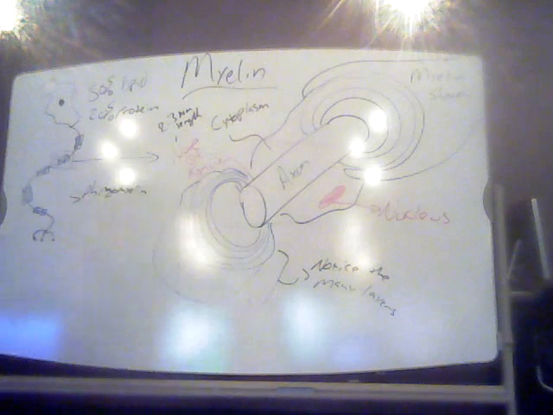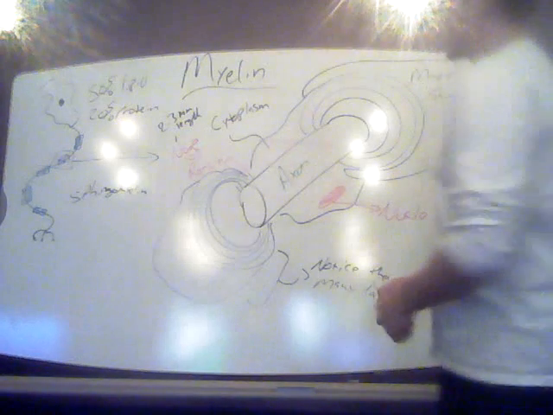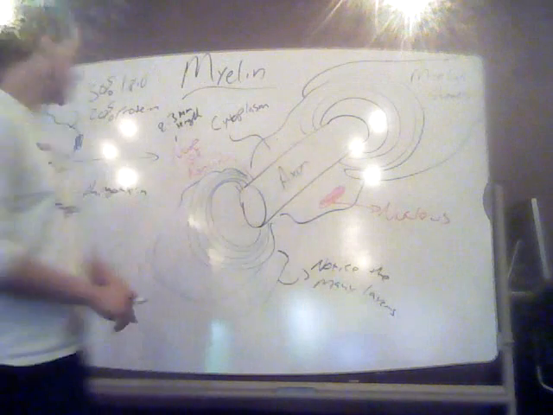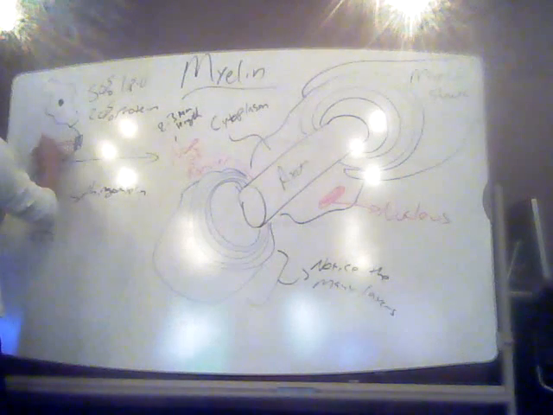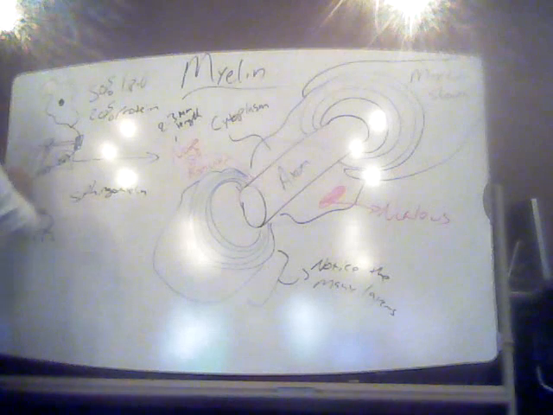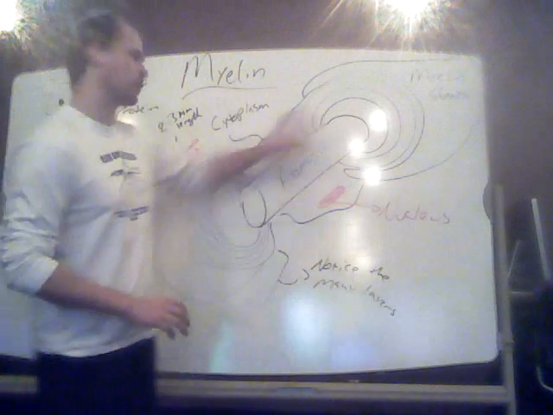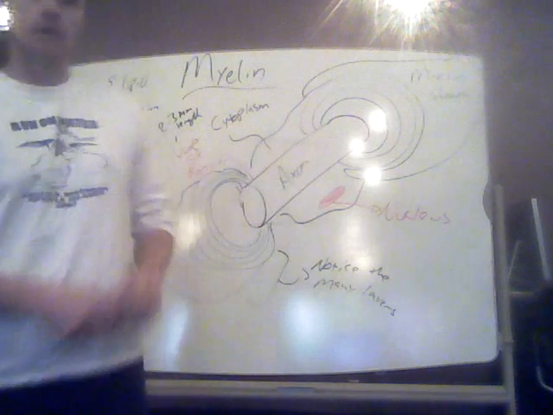A little bit of a difference between these is that in the central nervous system, oligodendrocytes can myelinate many different axons at one time. You can see an oligodendrocyte with extensions branching off to many different myelin sheaths at once. Whereas with Schwann cells in the peripheral nervous system, it's a lot more of an individual effort: one Schwann cell, one myelin sheath.